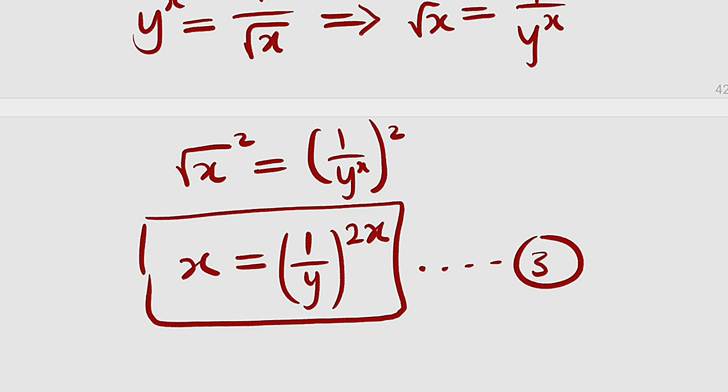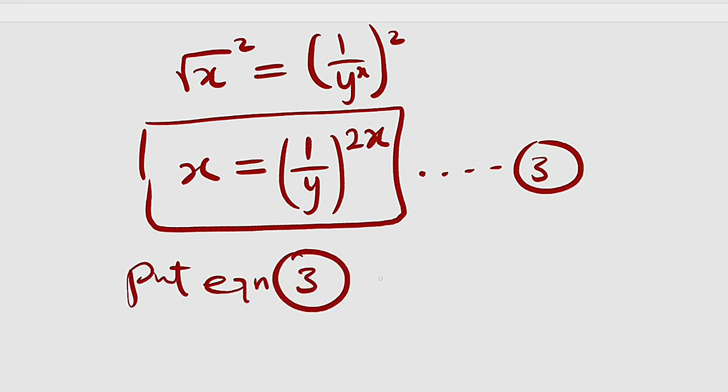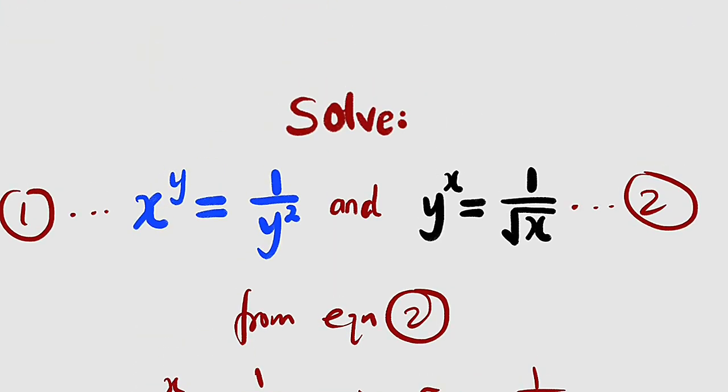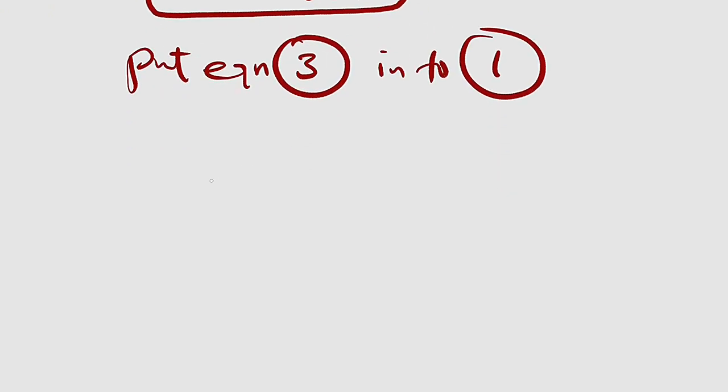Now let us substitute it into equation 1. What is equation number 1? Equation number 1 is x to the power of y is equal to 1 divided by y squared.